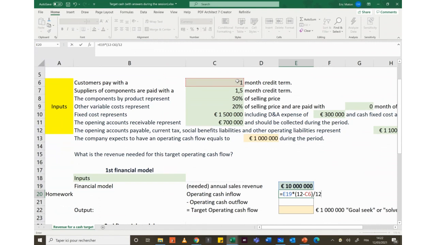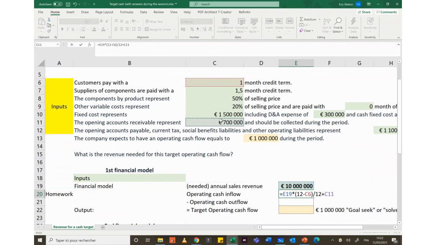Yes. Okay. So this is for the variable cash inflow. Now what is fixed? What is fixed is the 700,000. I should receive the 700,000 because it's due by the customers, and I suppose it will be collected.